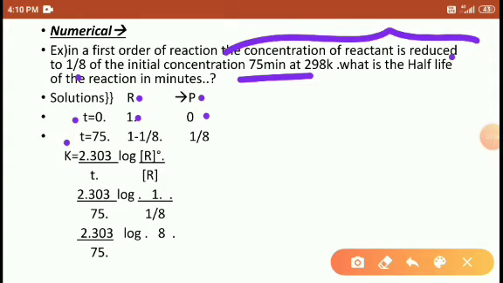So 1/8 part turns into product. This is the initial concentration and this is the final concentration. So, students, we use 2.303 by 75 log 1 by 1/8. The 1 gets cancelled and moves to the numerator.